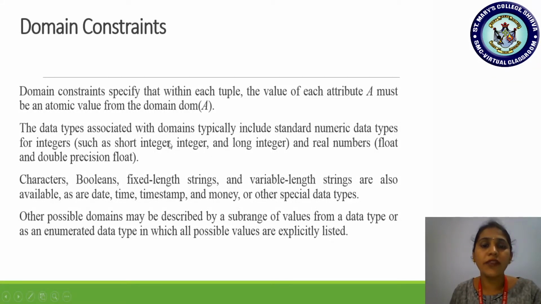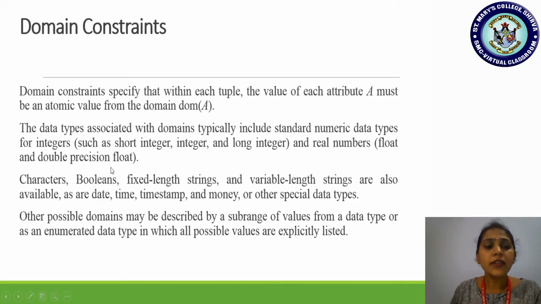I hope you are all familiar with these data type names. It is also possible to choose real numbers. Real numbers could be of which type? Float and double precision float. Like these we can choose the data type for that particular domain.